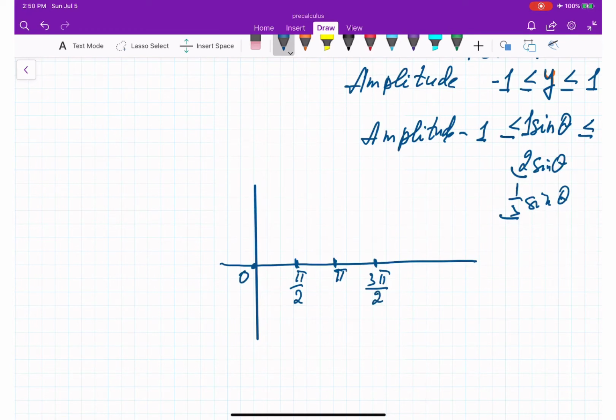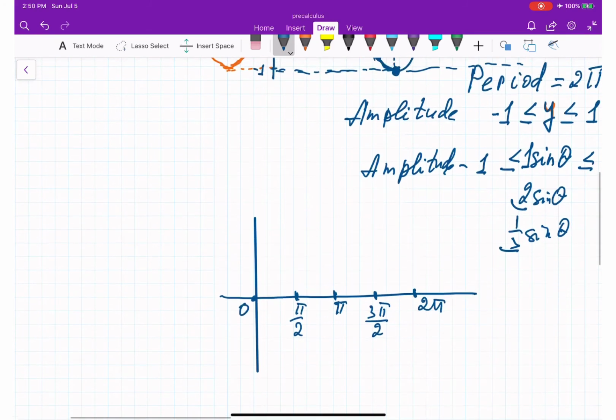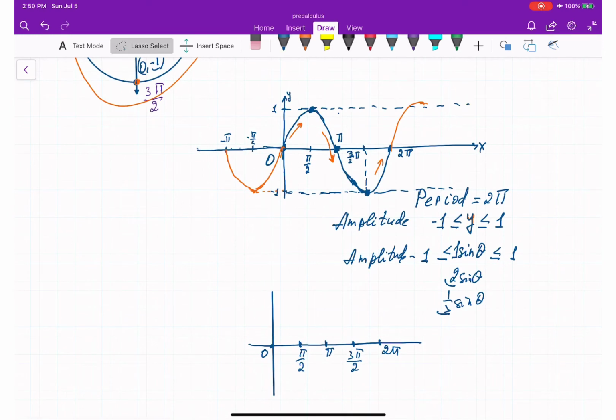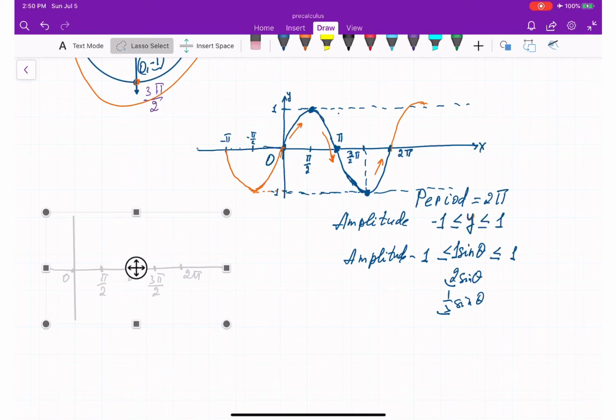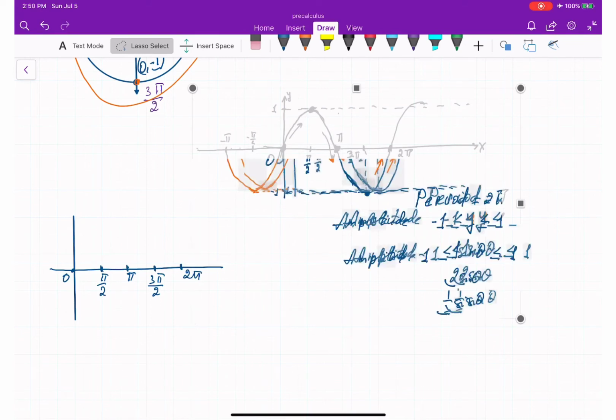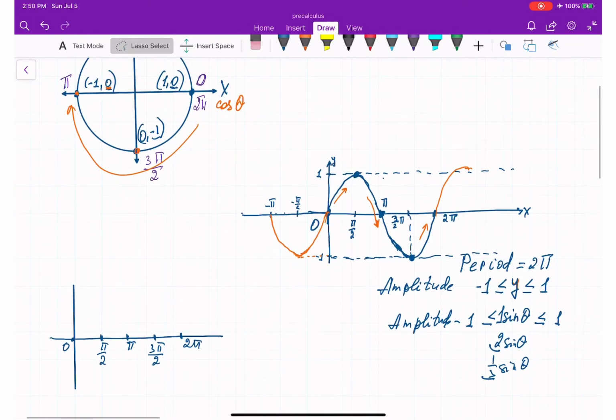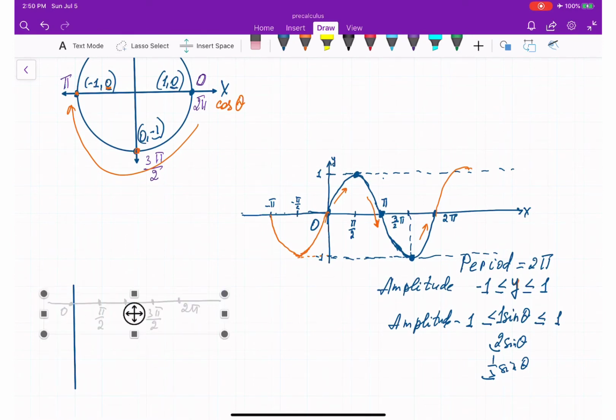And 1, 2, 3, we get to 2 pi. So let's explore cosine and see where we are heading with it. Maybe I can move right under this unit circle so we can see, and move the entire thing a little bit to the left so we have space. All right, so let's explore cosine now.